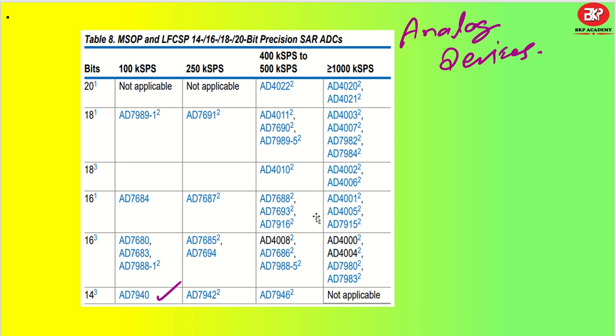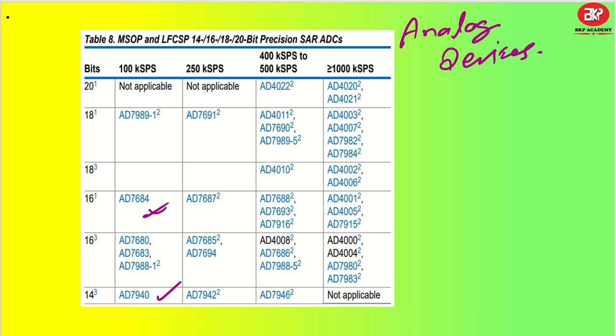Using this table, you can find the ADC that you need. Let us say we need a 16-bit ADC. For a 16-bit ADC, we can go ahead with this IC, AD7684. Similar to that, if you want a little higher speed, let's say 500 kbps, then you can go ahead with AD7688. Understood? This is how this table can be very useful to you. The same table can be found in any ADC datasheet, and they will have listings of different ADCs.